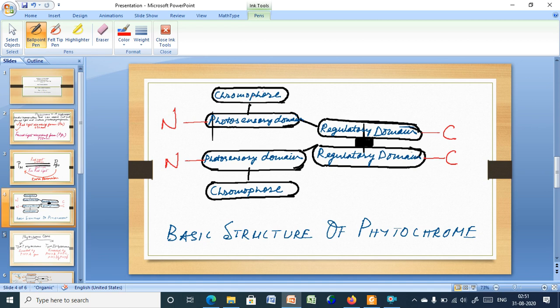And this phytochromobilin is synthesized in the plastids, and its precursor is delta aminolevulinic acid. So here we get the precursor, delta aminolevulinic acid.